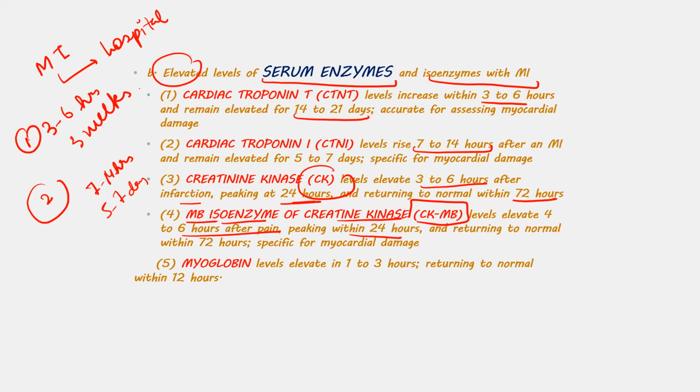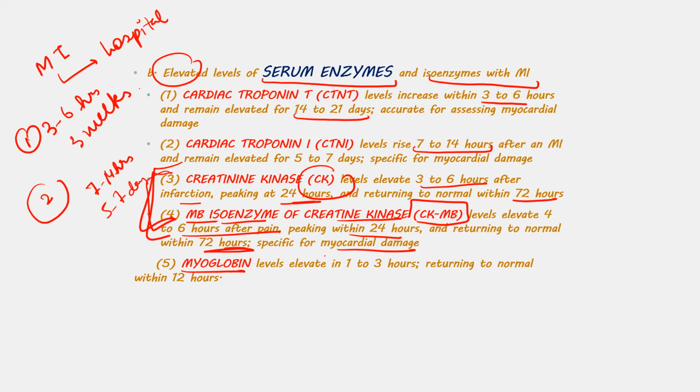CK and CK-MB peak within 24 hours and return to normal within 72 hours, specific for myocardial damage. So creatine kinase and CK-MB have almost the same values, elevating at 3 to 6 or 4 to 6 hours, peaking at 24 hours and returning within 72 hours.